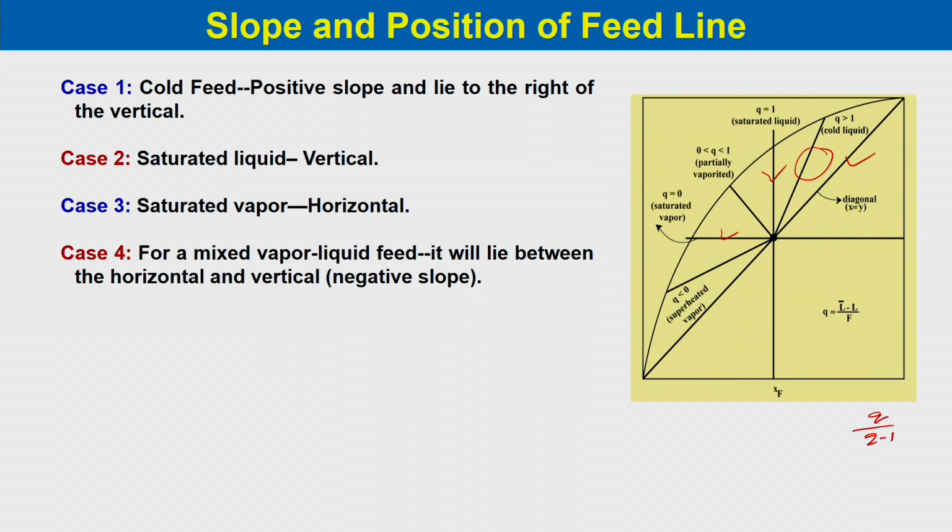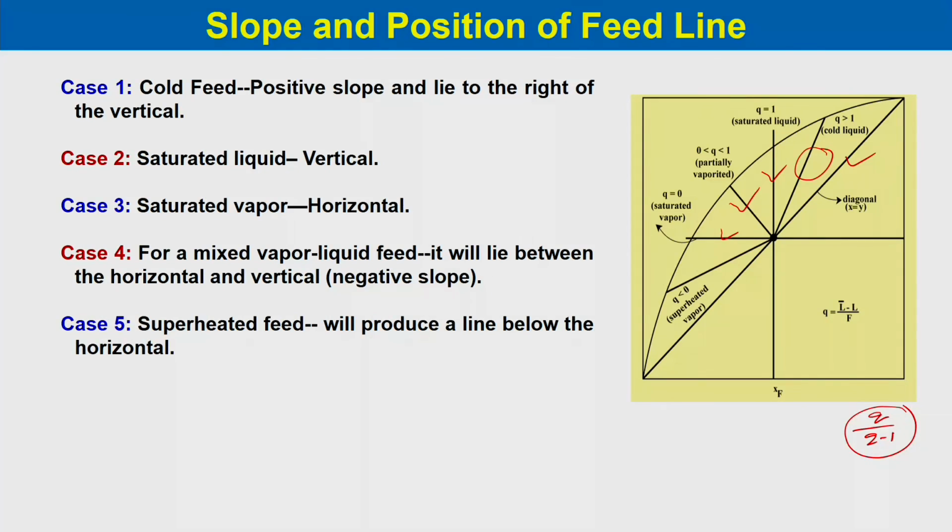For case 4, that is for a mixture of vapor and liquid feed, it will lie between the horizontal and vertical line because the slope is negative for q less than 1 and greater than 0. So, this is the partially vaporized feed, the slope is negative and this will lie in between the vertical and horizontal line.